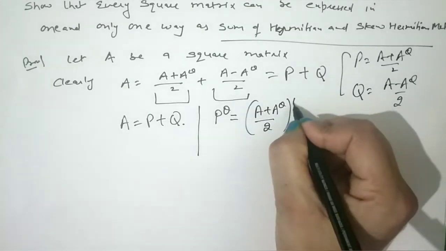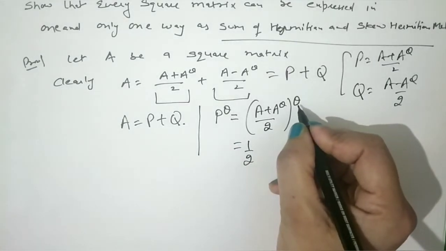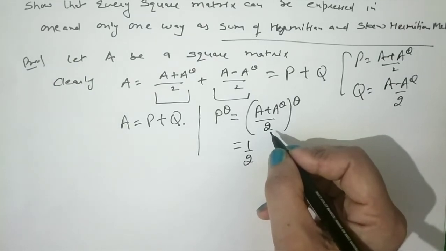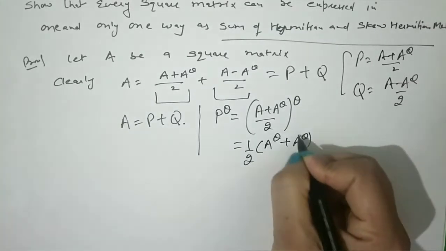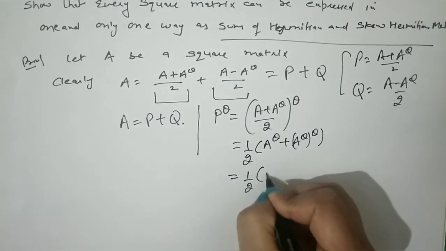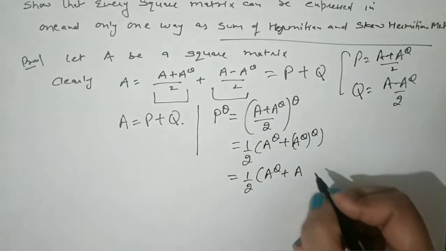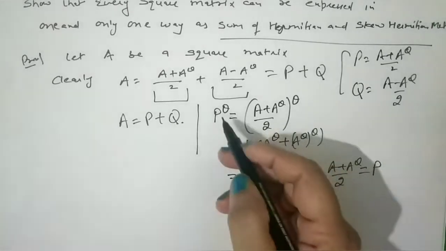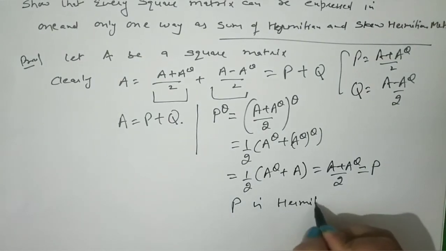We apply theta on it. Theta will go inside. 2 will not be affected by theta because 2 is a real number, neither conjugate nor transpose affects it. So theta will go inside the matrices. It will be 1 by 2 A theta plus A, because when we apply theta twice it is A. So we get A plus A theta by 2, which is nothing but P. So P theta is P. That means P is Hermitian.